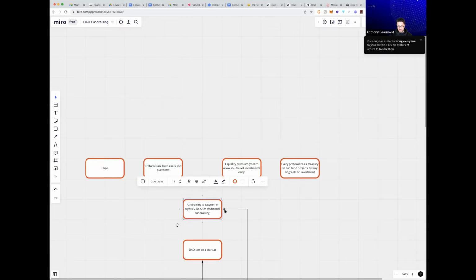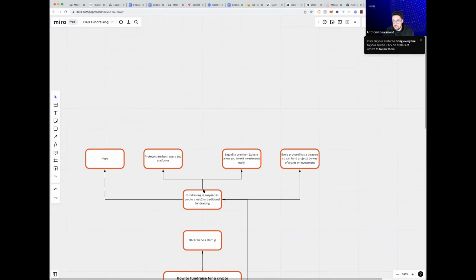So these are four reasons why fundraising is quote unquote easier than traditional funding. Cool. Okay, cool. So how do you actually fundraise? Well, the first thing to say is, I think I gave a different presentation recently about marketing.